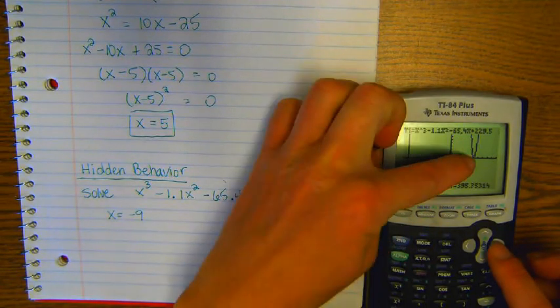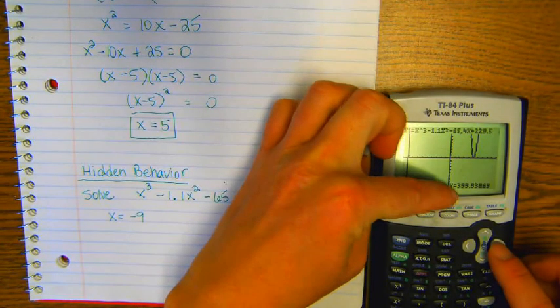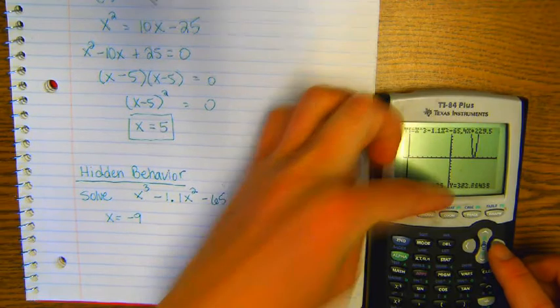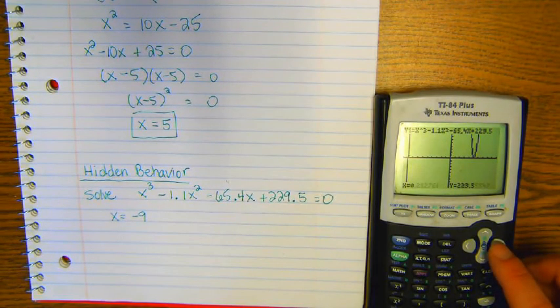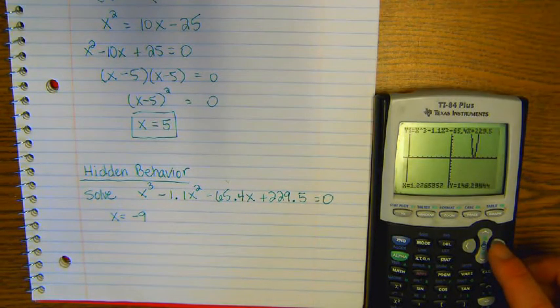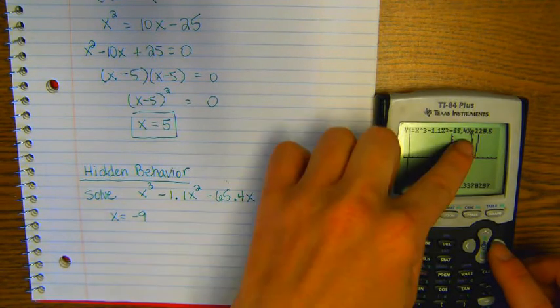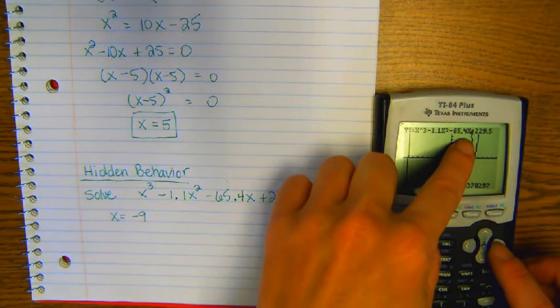I'm going to try to zoom in over here. So my Y's are starting to come back down. I'm just watching that. Alright, I see my cursor here now, so at least I'm in kind of the right spot.